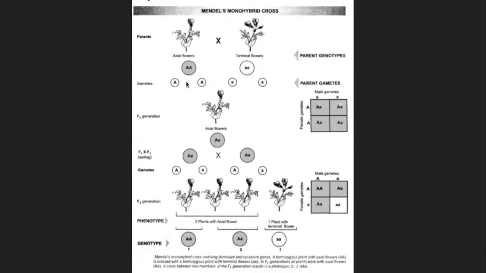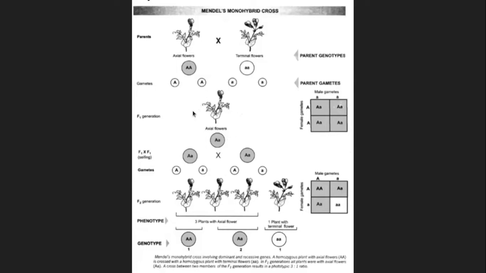So a homozygous individual will always produce only one single type of allele, here the axial flower characteristic. The same is the case with the terminal flower characteristic, that is small a. By the writing pattern itself, you should have realized that A is the dominant phenotype, and small a, the terminal flower, is the recessive phenotype.